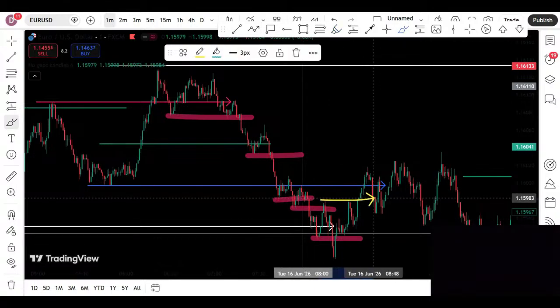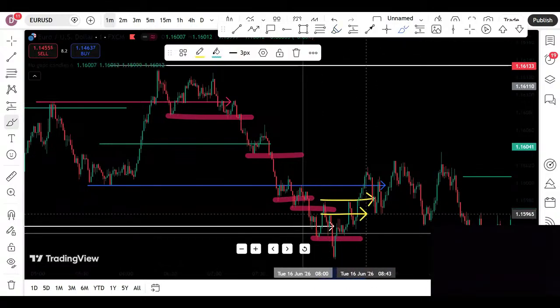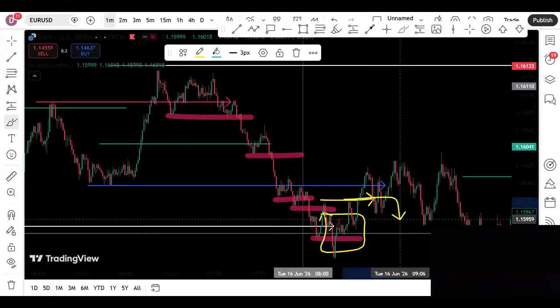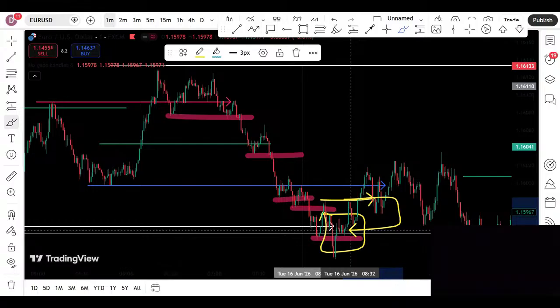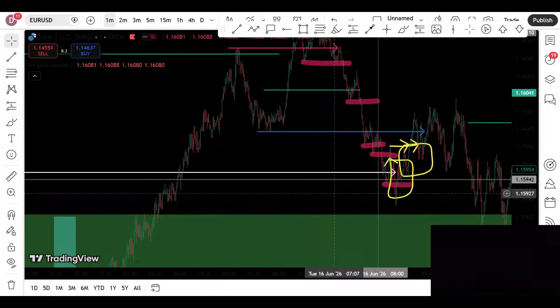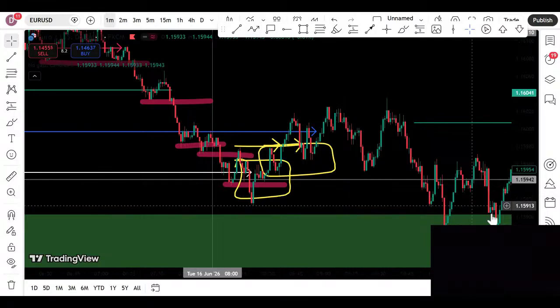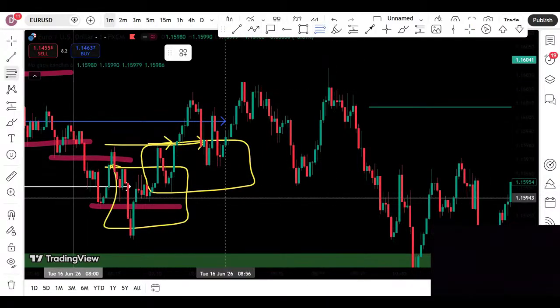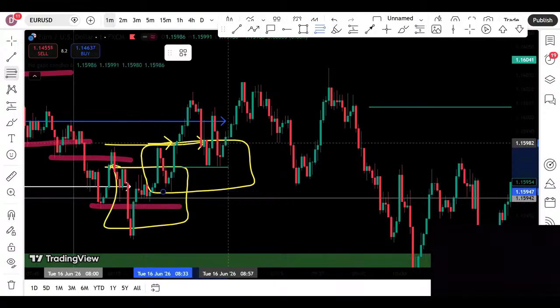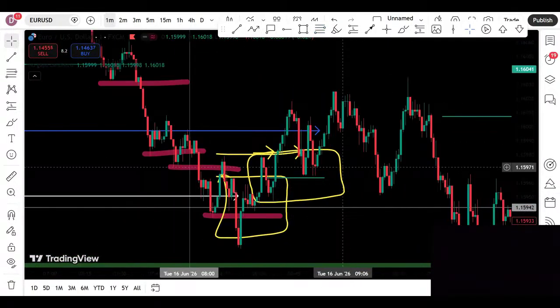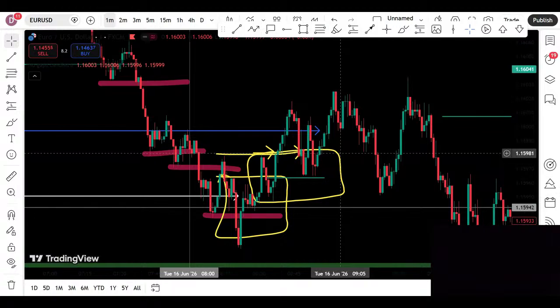Yes, break of structure. Here, right? What do we do here? See, price gave us a nice swing. Right? There's a break of structure.